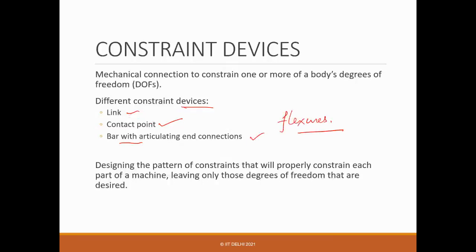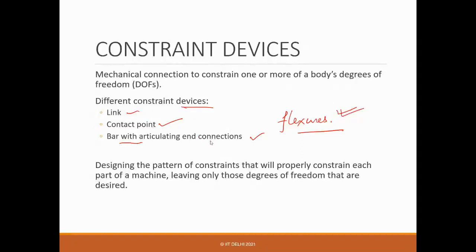Here we mainly assume that these links are rigid and the motions are only at the contact points. But we can also use flexible elements called flexures in such a way that we get similar performance. And that's the reason in this course also we'll be talking about those flexure designs.